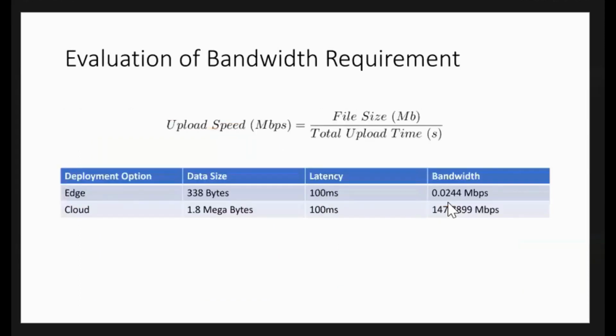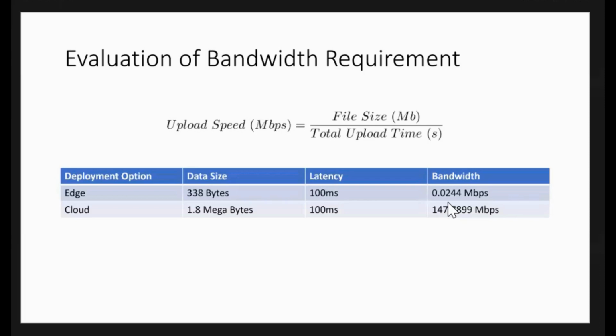In the edge approach, if we want to send the vehicle data and other sensor data, we can send them in a single MQTT message, which is around 340 bytes. If we want to send them in real time, under 10 milliseconds, we only require 0.02 megabits per second.